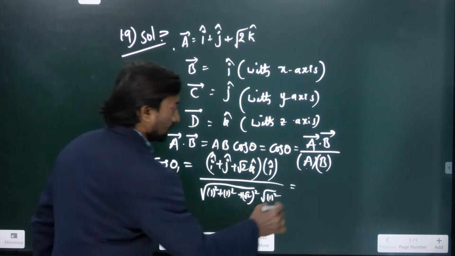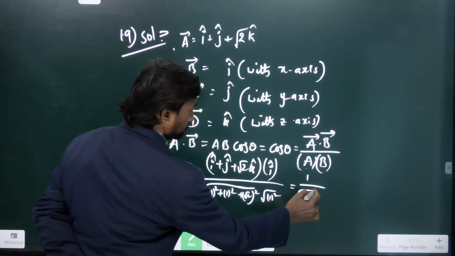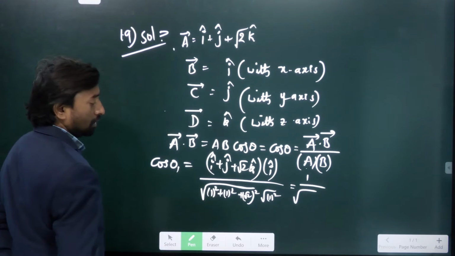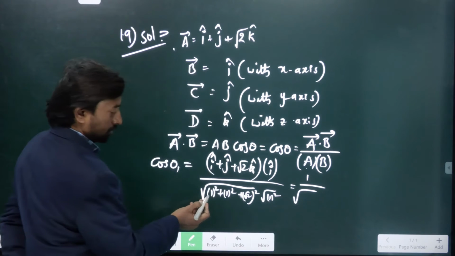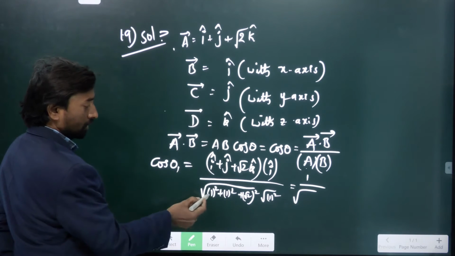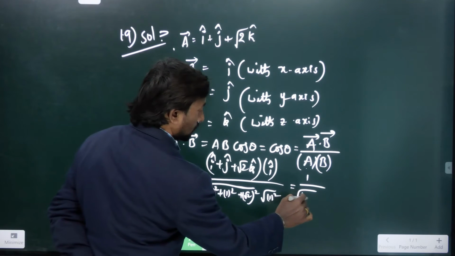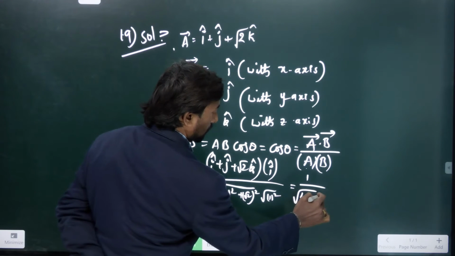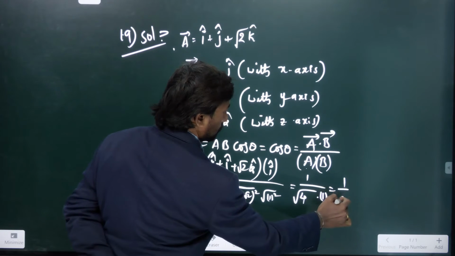So we get 1 divided by, 1 plus 1 plus 2, that is 4. Root 4 into root 1, so we get 1 by 2.